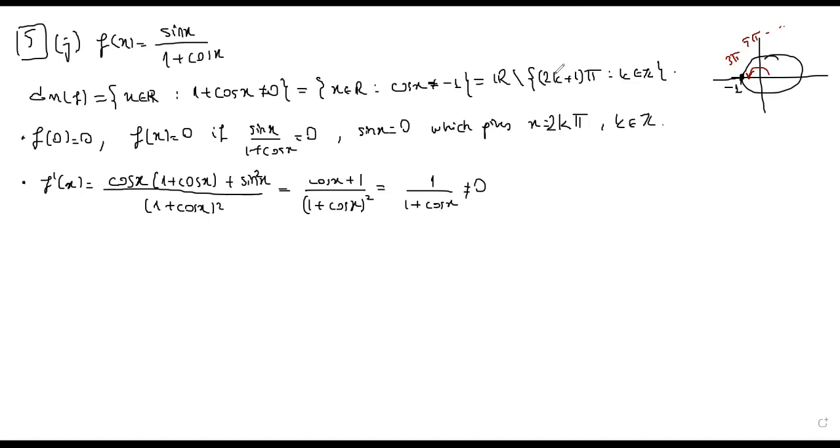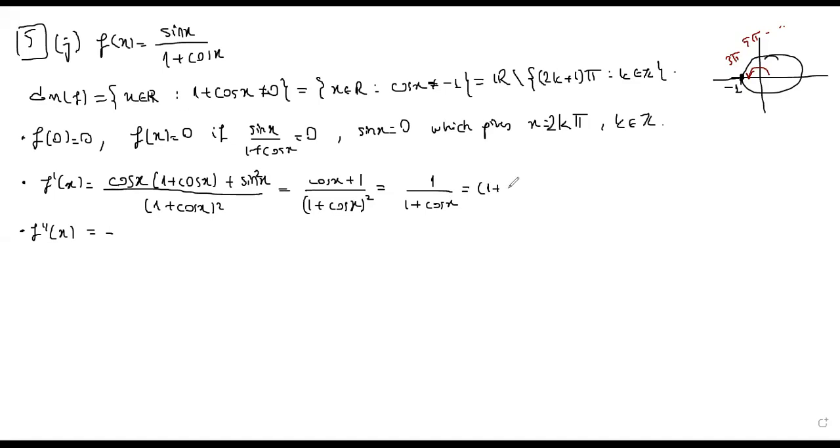We need to observe them on the table also. We need to consider them on the table. And also we need to find f double prime, which we can rewrite in this form.